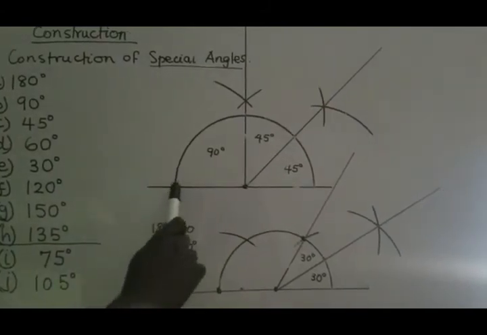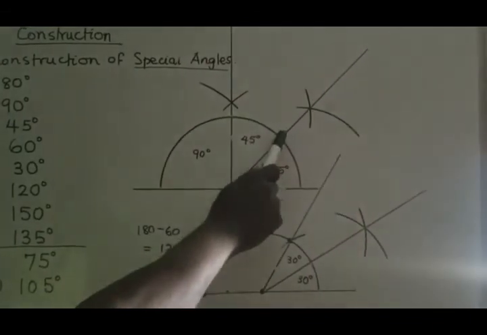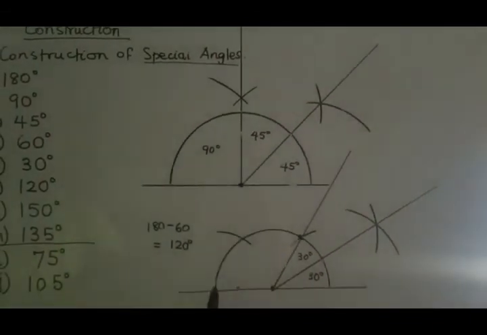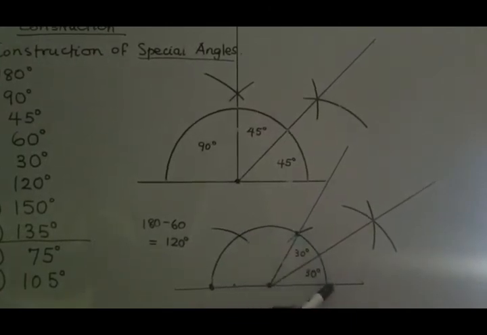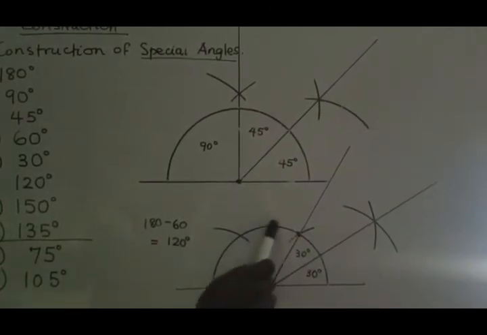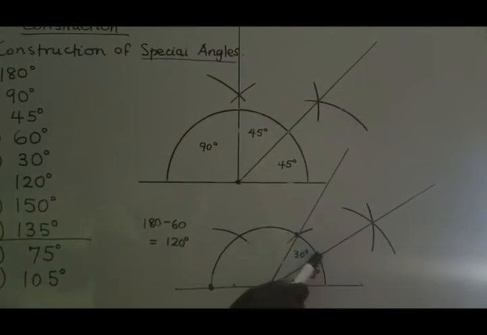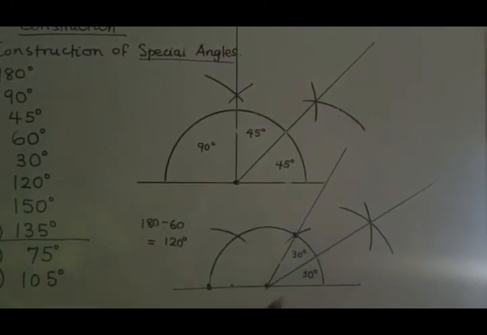So the moment you are able to construct one of them, then the other side follows. Look at this one now, 135 degrees and 45 degrees. Look at this one, 120 degrees and what? 60 degrees. What about 150 degrees and 30 degrees?